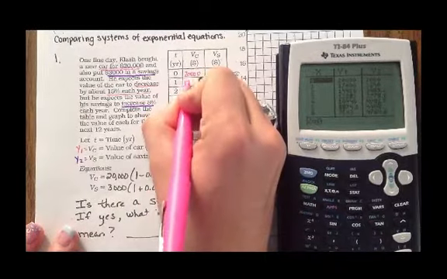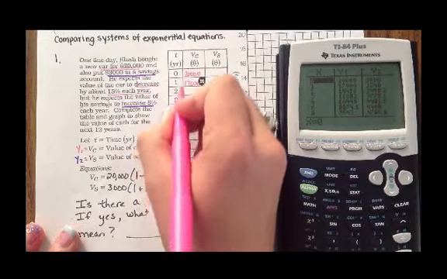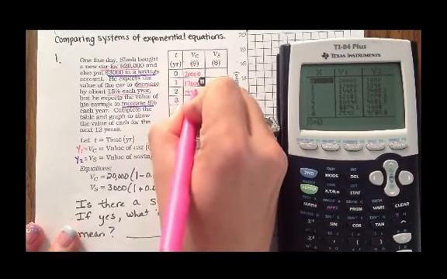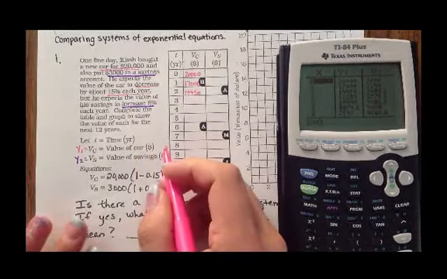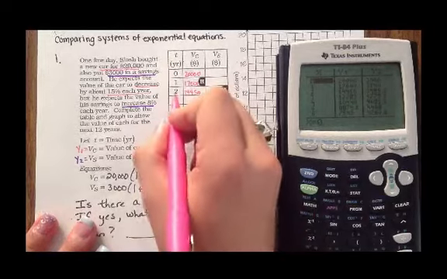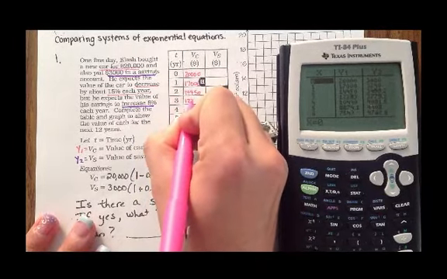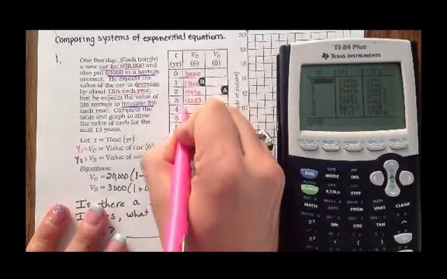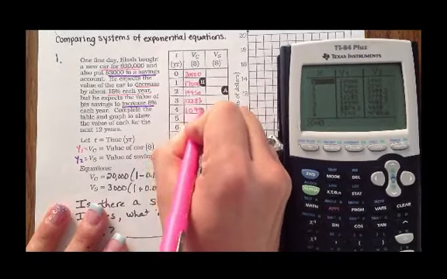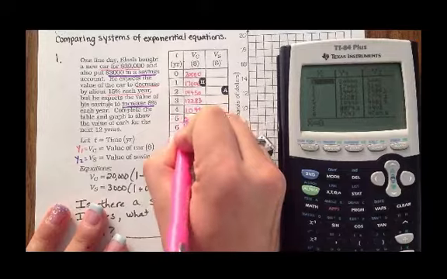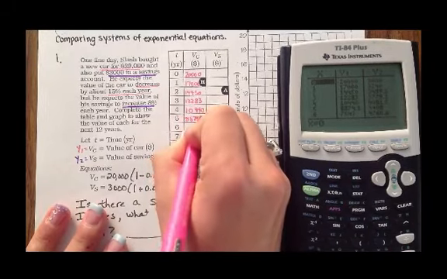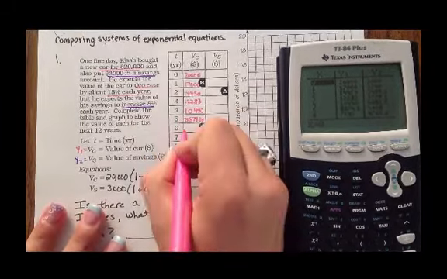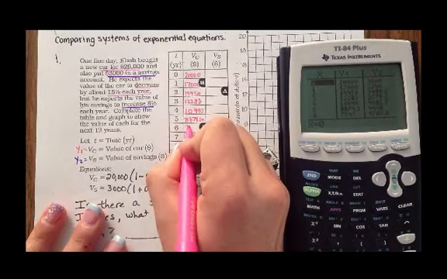Continuing down, 17,000, 14,450, 12,283, 10,440, $8,874.10, 7,543.